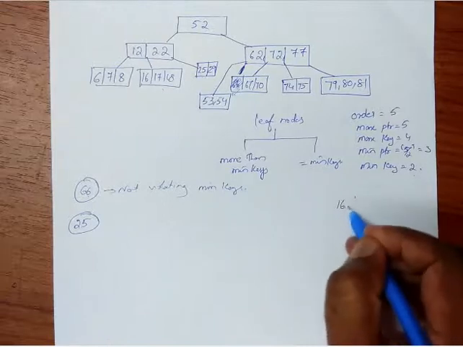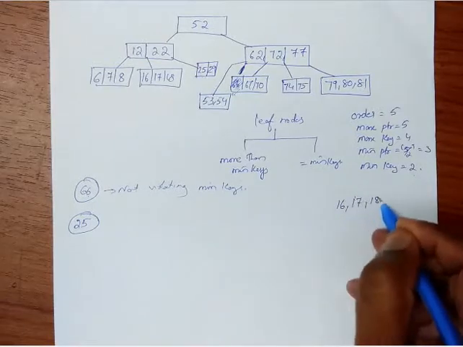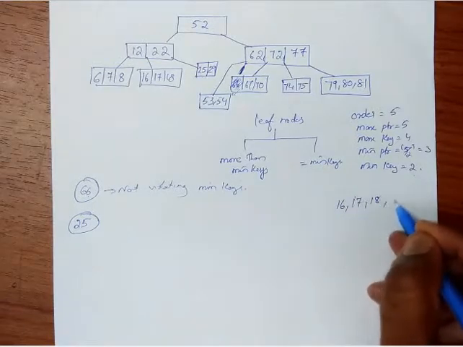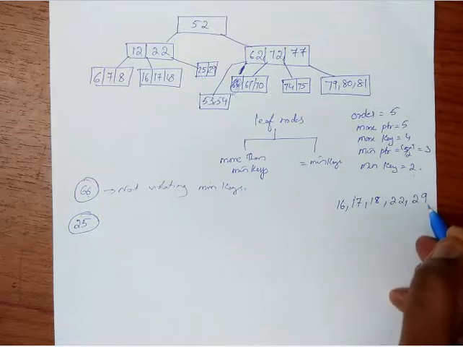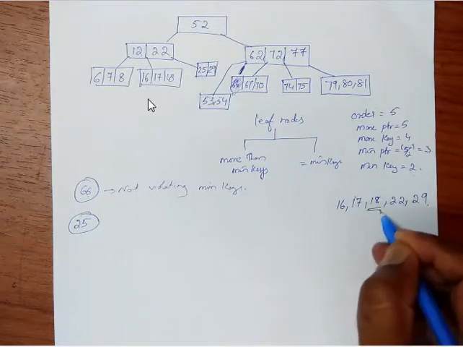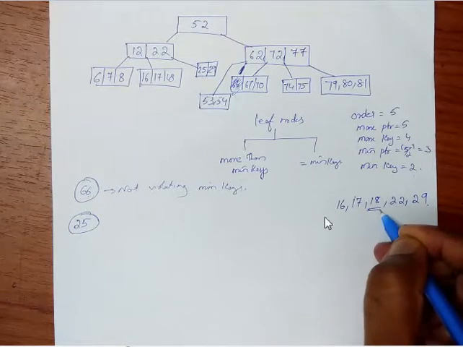So we have to write it like this: the left sibling, followed by the parent 22, then followed by the right child, which is 29. After we remove 25, we have only 29 in the right child, so we have violated the rule of the minimum number of keys.